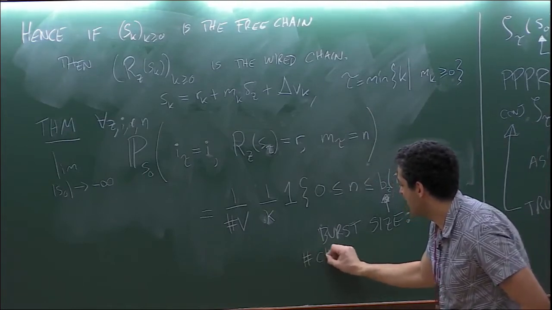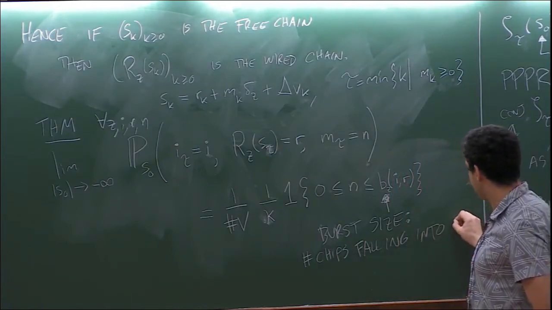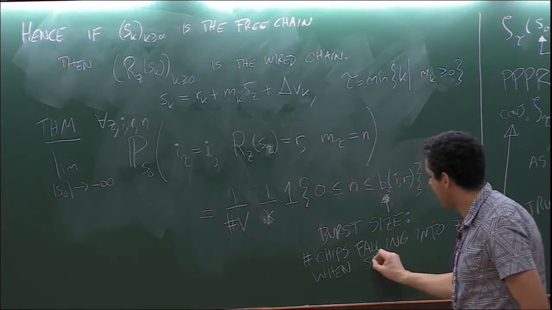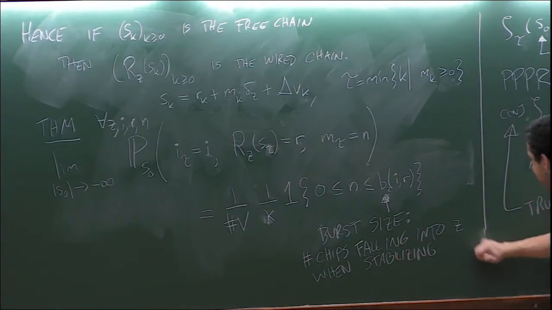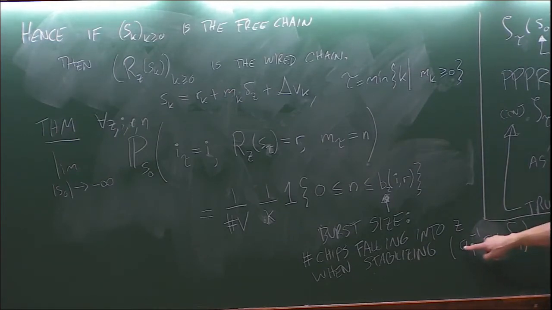It's the number of chips falling into the sink when stabilizing A_I inverse R plus delta I. So remember A_I is, or it's A_I^z actually, the operation of adding a chip at I and stabilizing.